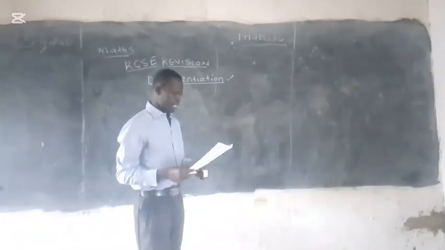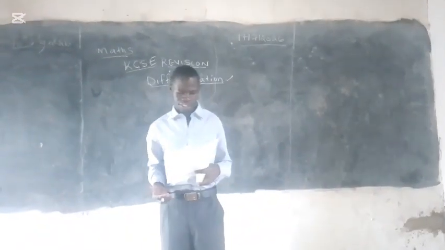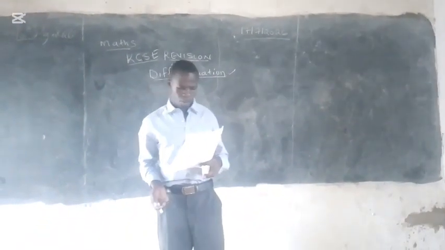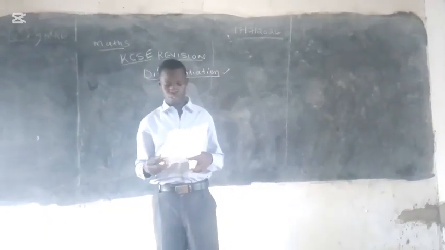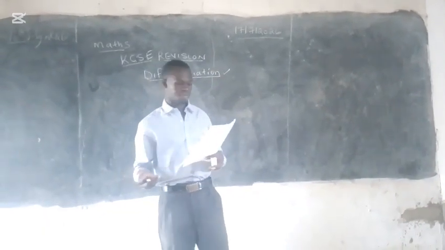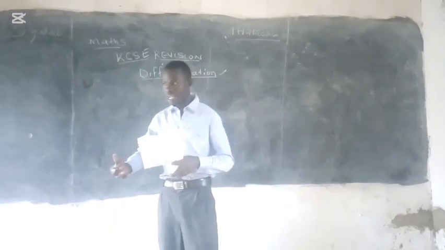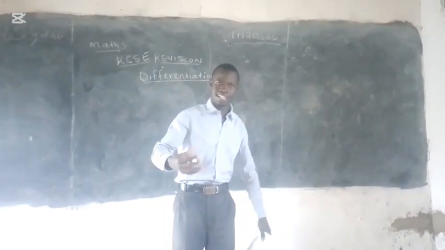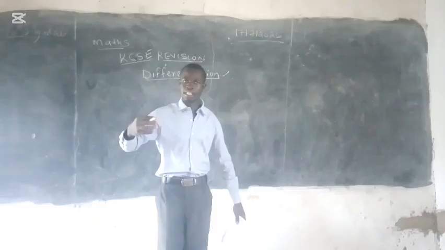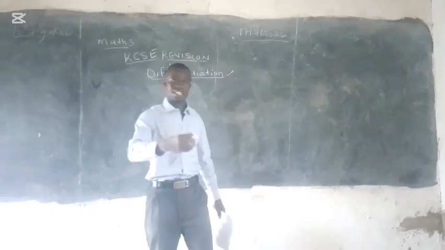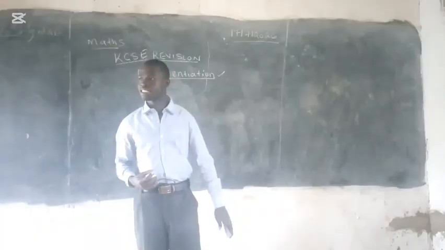We will look at how to differentiate a polynomial. We also look at equations of the normal and the tangent. In addition to that, we look at stationary points, also referred to as the turning points. And lastly, we will look at the application of differentiation in kinematics.